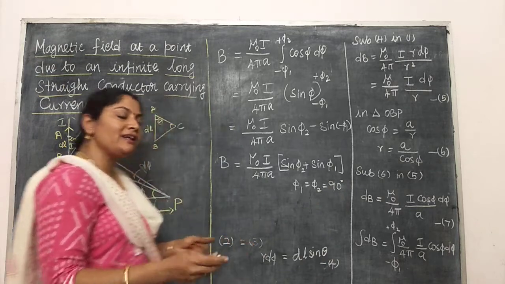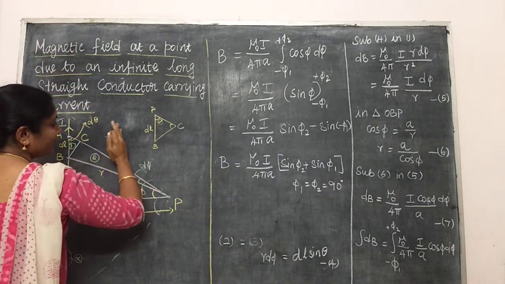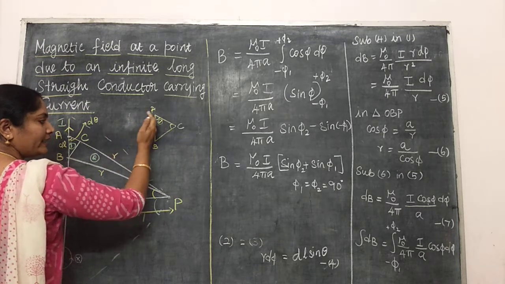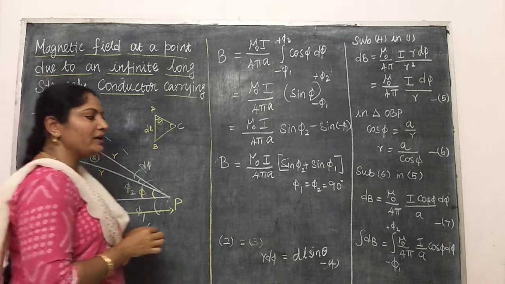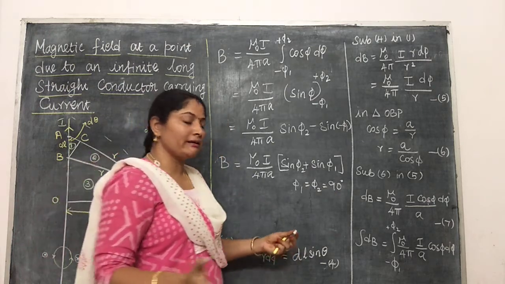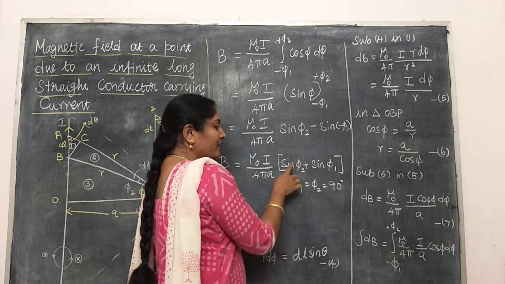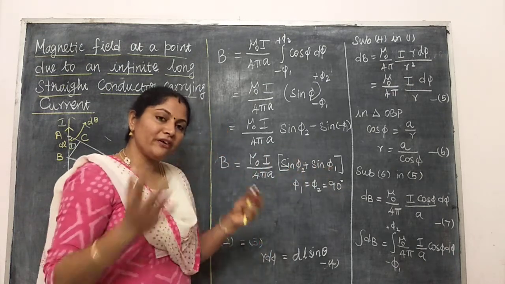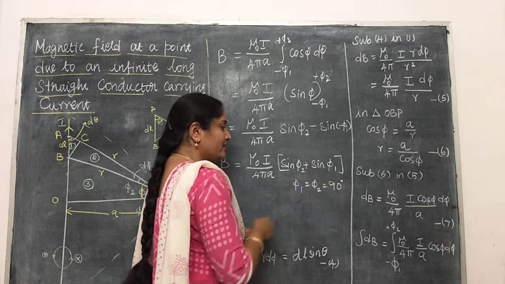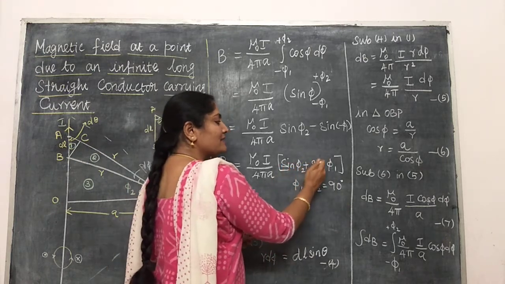For an infinitely long straight conductor, the length of the wire keeps increasing and the line keeps moving. Then the value of the angle becomes 90 degree. If the length can be calculated and the angle is given, we can use this formula; for an infinitely long straight conductor only, 90 degree. So if we substitute the values, sin 90 degree plus sin 90 degree.